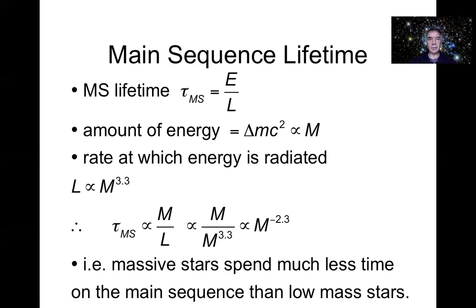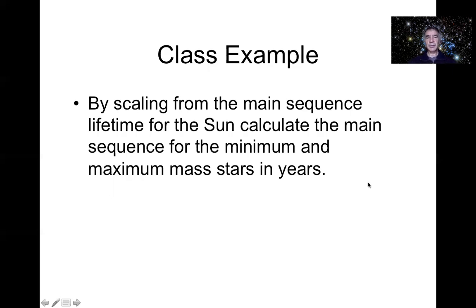And as always, you can now go and prove this to yourself. We've seen the range of masses: 0.08 solar masses at the bottom end, 100 solar masses at the top end, the minimum and maximum mass of stars. Just use the scaling we've just introduced. You don't need to go through all the rigmarole we did for the sun. You just need to take that proportionality: tau main sequence is proportional to the mass to the minus 2.3.